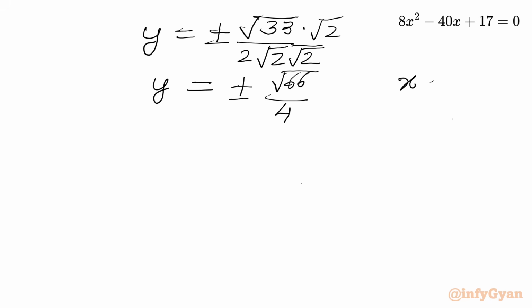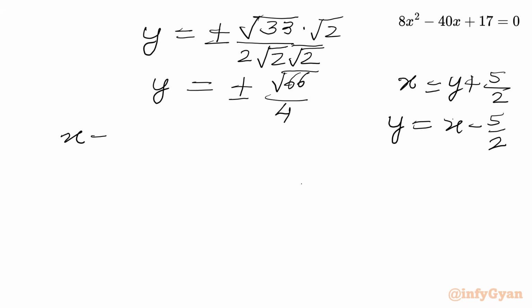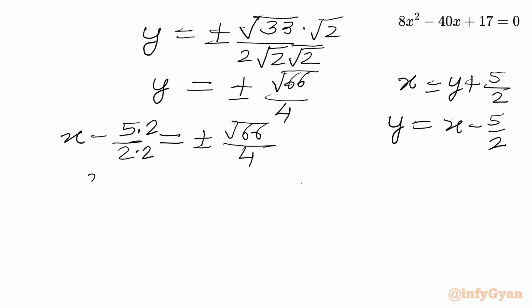Now we have the substitution x equal to y plus 5 over 2. So we can find y in terms of x, which will become x minus 5 over 2. So let me write here x minus 5 over 2, and on the right hand side we have plus minus square root 66 over 4. 5 over 2 with denominator 4, so I can multiply by 2 in the numerator and denominator, and we will add 10 over 4 to both sides.